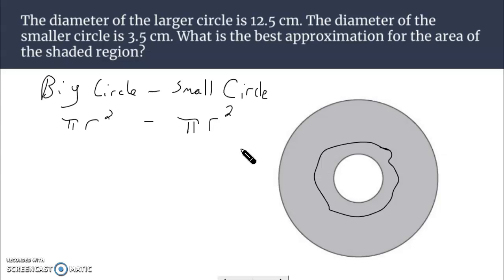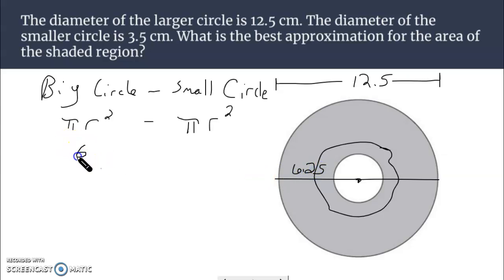It says the diameter of the larger circle is 12.5. So from here to here is 12.5. If we take half of that, we're going to get 6.25. So there is our radius for the big circle.